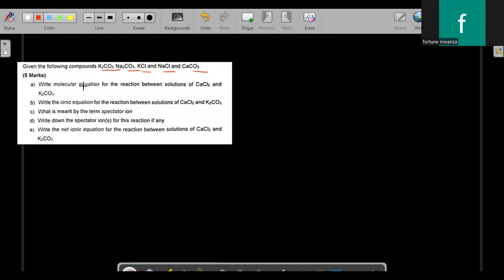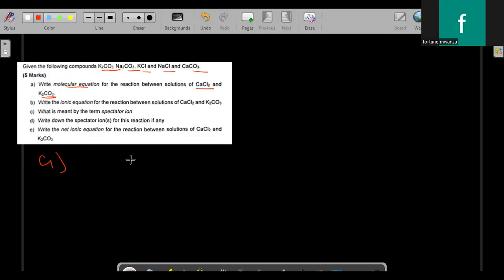Then they are saying write the molecular equation for the reaction between solution of calcium chloride and potassium carbonate. So we are writing a molecular equation for calcium chloride and potassium carbonate. Okay, so let's do our first part.